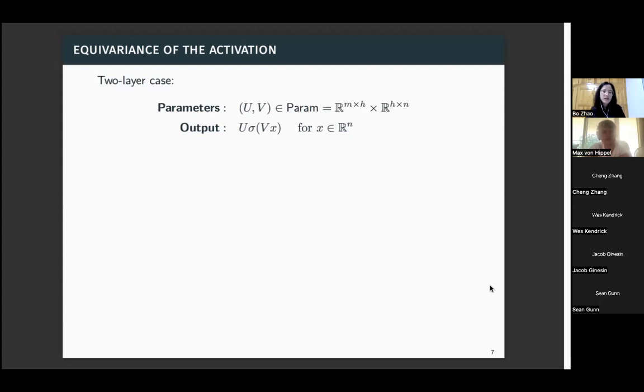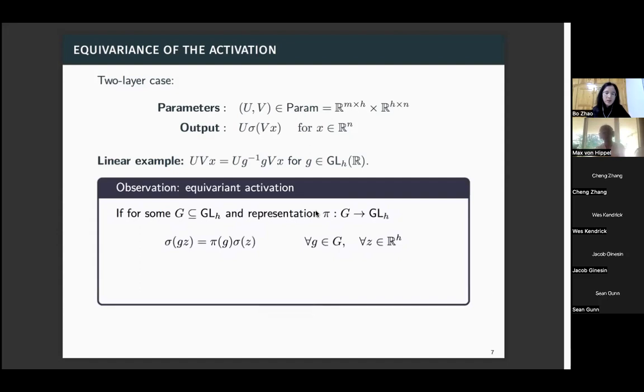Here, sigma is called an activation function. It's often taken to be an element-wise function, but it doesn't have to be. As we showed, there's a symmetry on the parameter space of this function. We can transform U and V into UG inverse and GV so that the output of the neural network will not change.